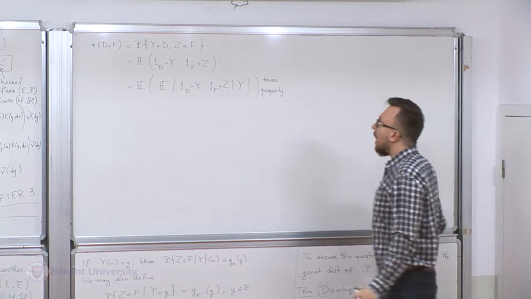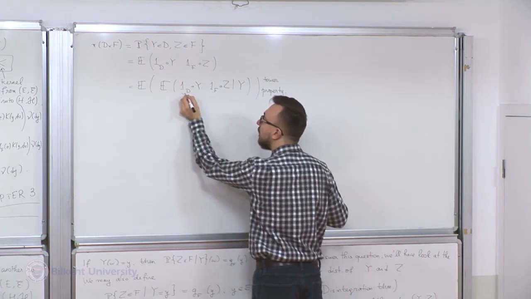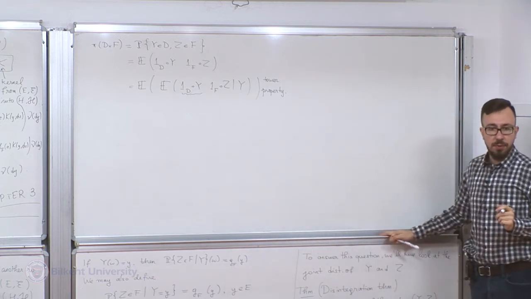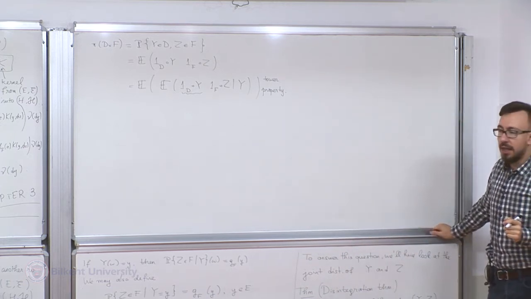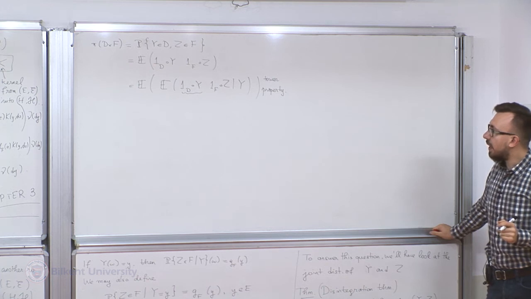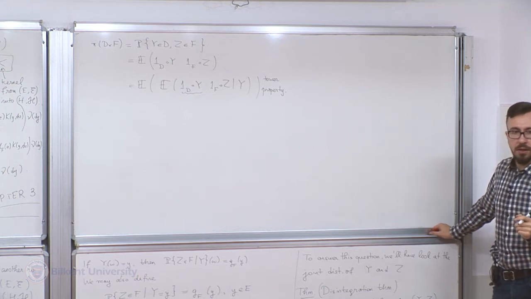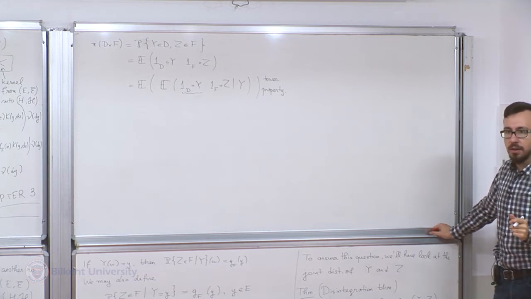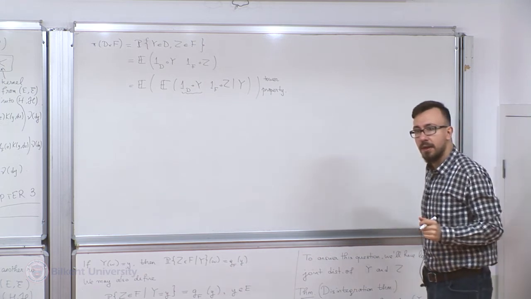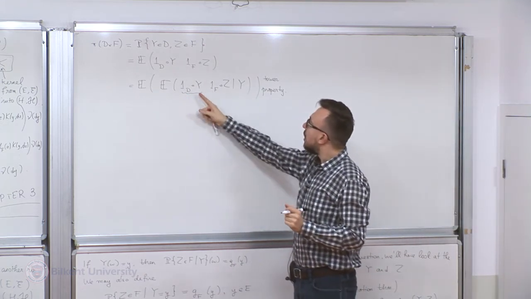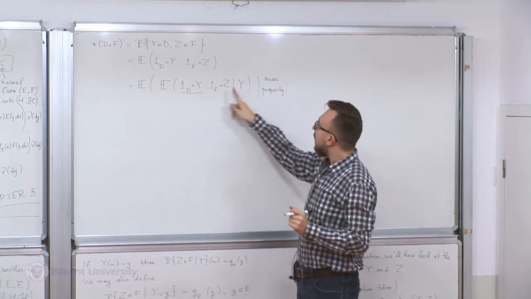Okay, now what should we do? This is measurable with respect to y, so what can I do with that? So what is the relationship between this and the given condition?